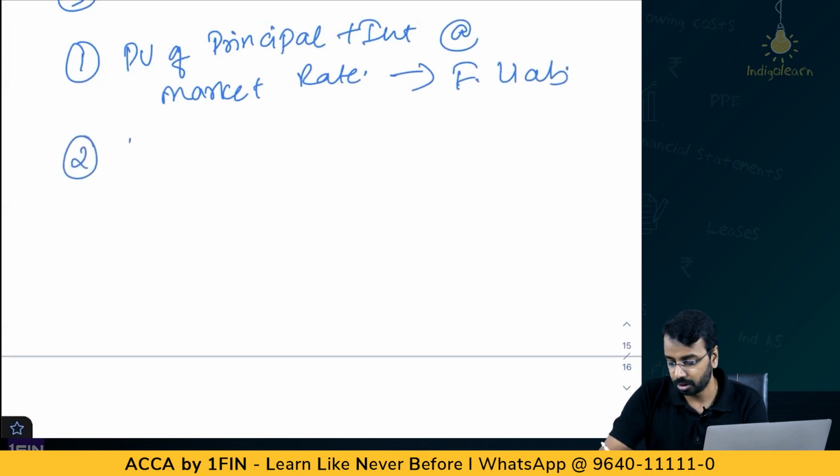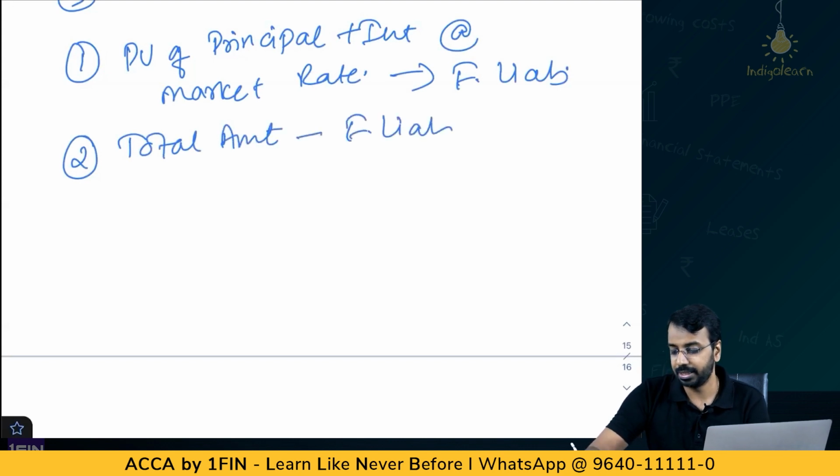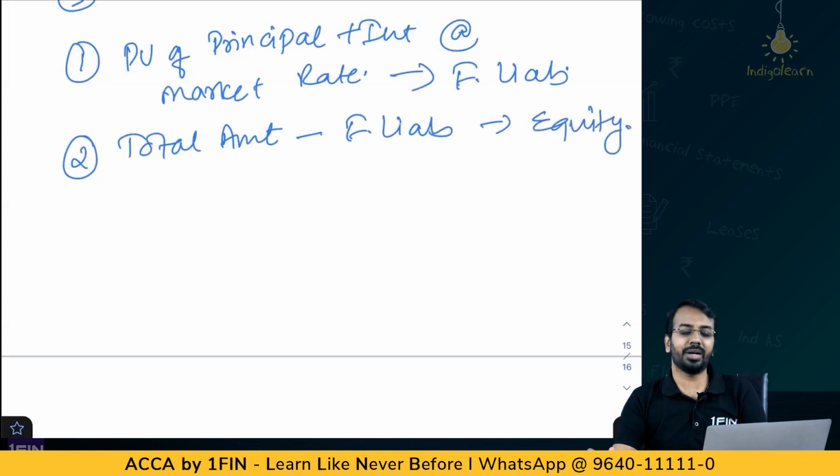Then two, total amount minus financial liability. This will give us equity. Very simple calculations. Students get unnecessarily scared in this type of question. It's a very simple and structured calculation that will help you understand what is the part to be taken as liability and what is the part to be taken as equity.